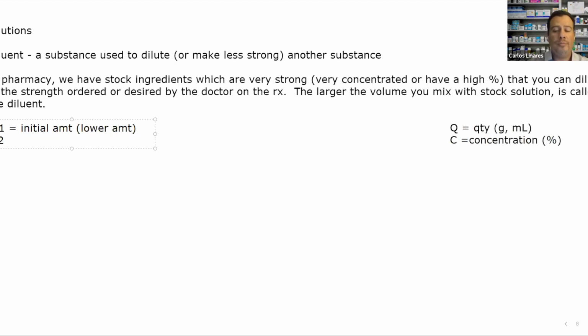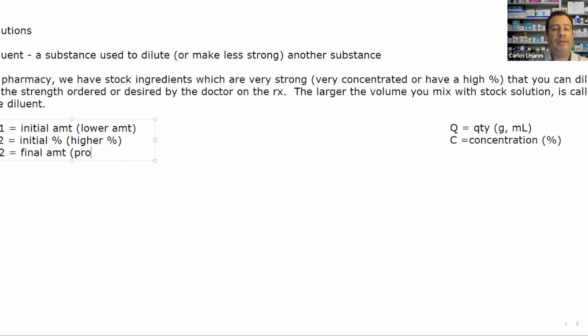The C1 is your initial concentration, which is the higher percentage. Then you add your diluent, and then you get your Q2, which is the final amount of product.